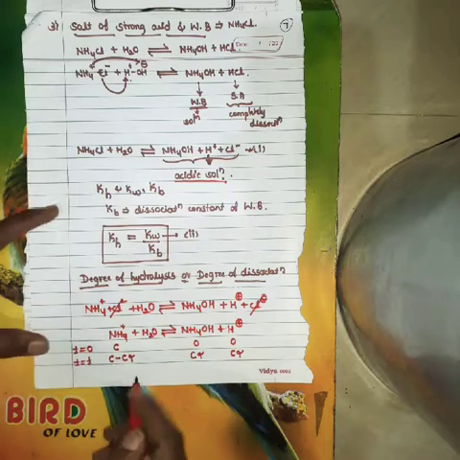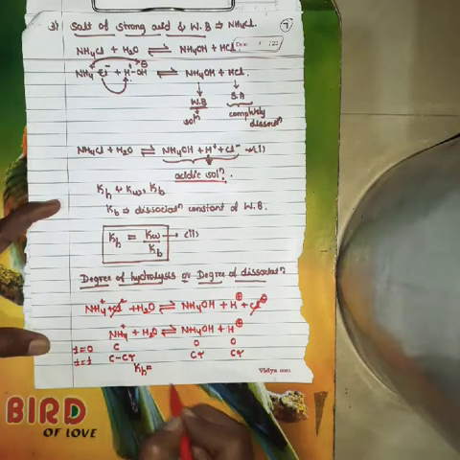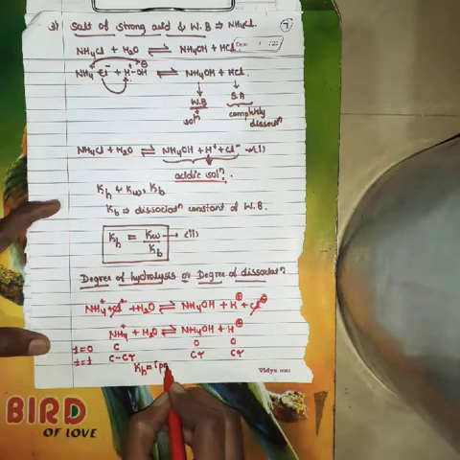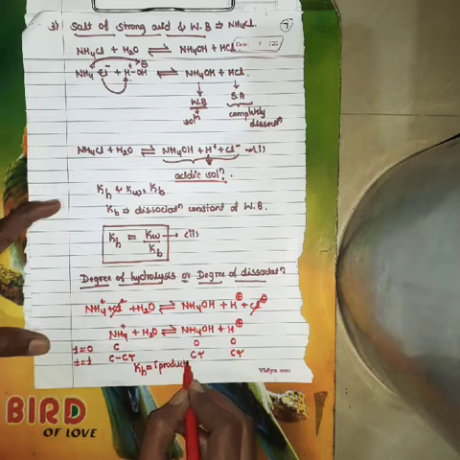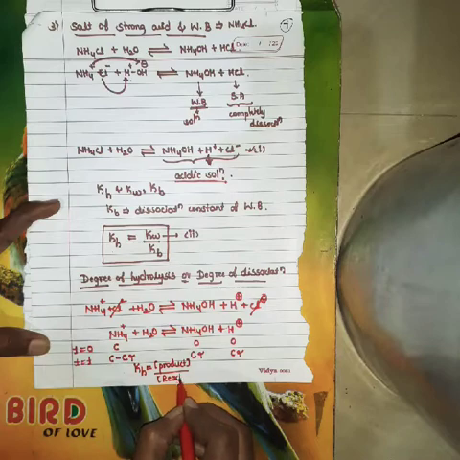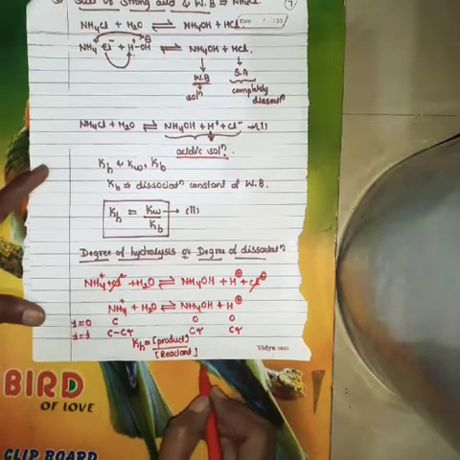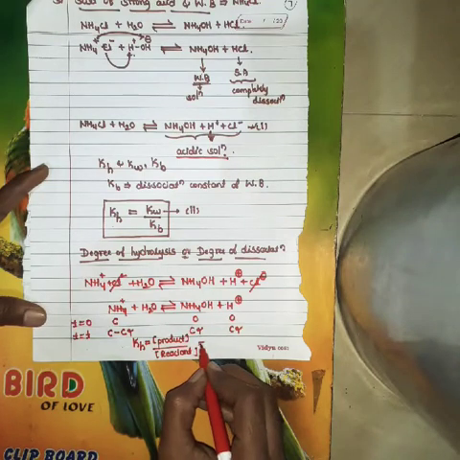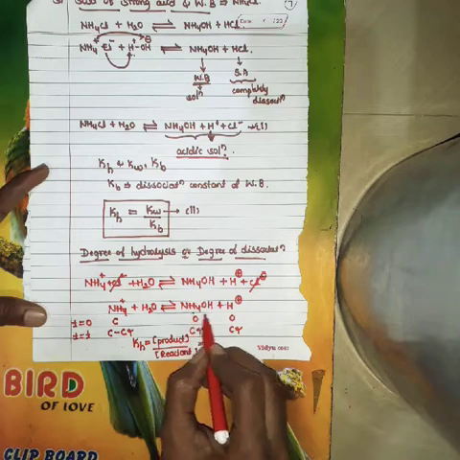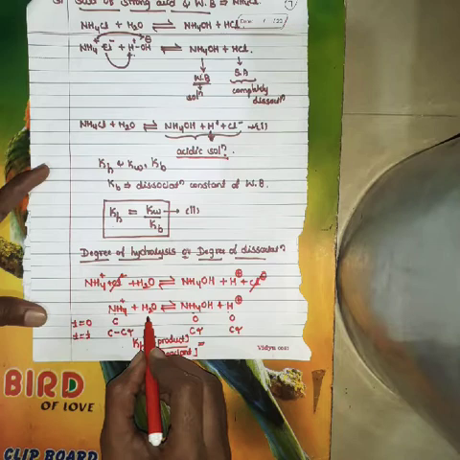Then we have to calculate Kh of this reaction. We know Kh means the concentration of product divided by the concentration of reactant. In this reaction the products are NH4OH and H+, and the reactants are NH4+ and H2O.